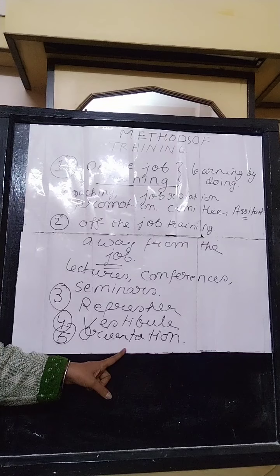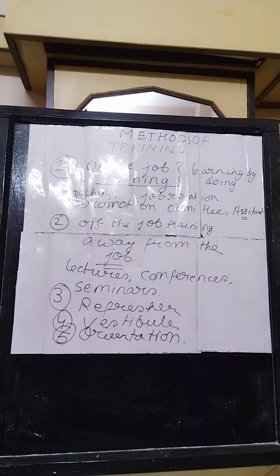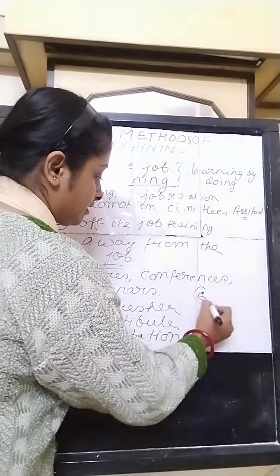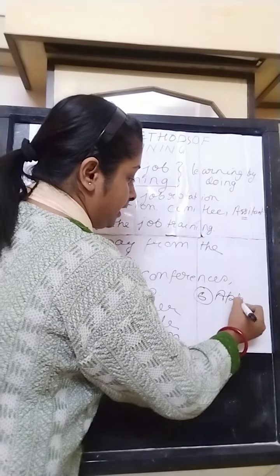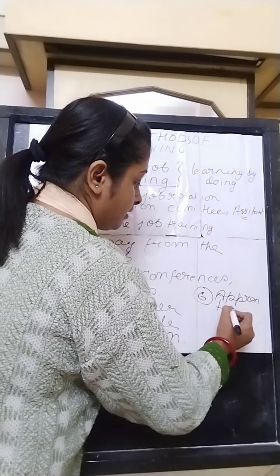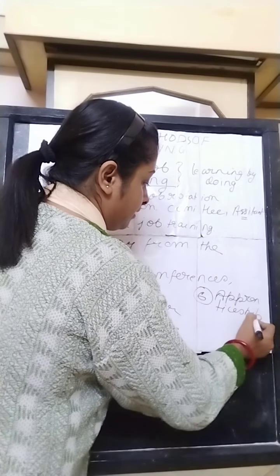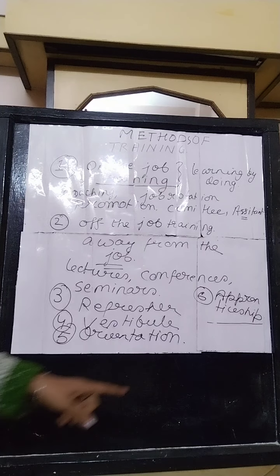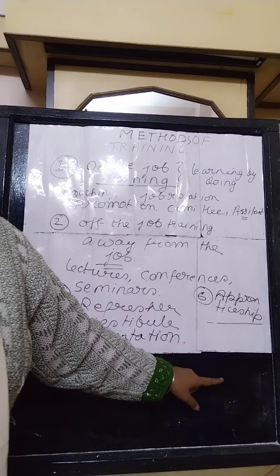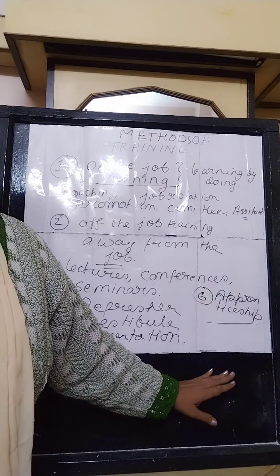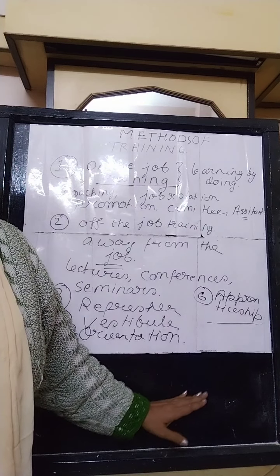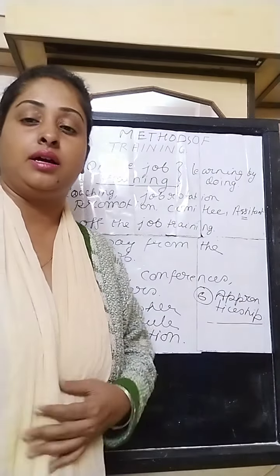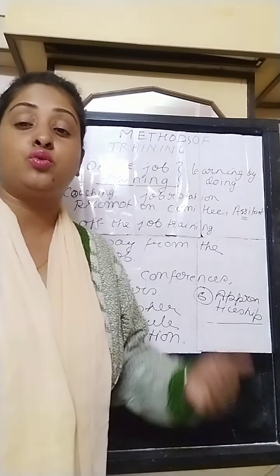And last but not the least comes apprenticeship training. Important new term, apprenticeship training. Now what is this? This method of training is used to prepare the employees for a variety of skilled occupations and crafts. Here the worker is attached to an experienced worker, a knowledgeable person who is senior.